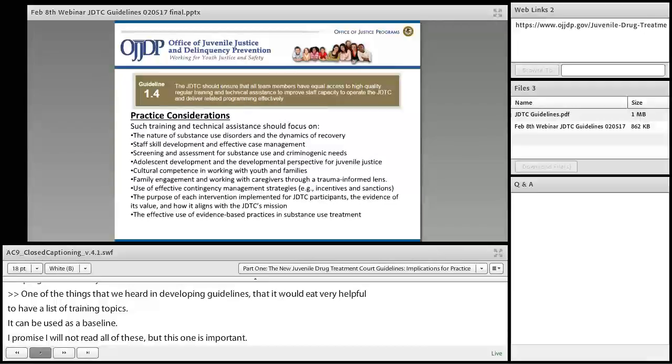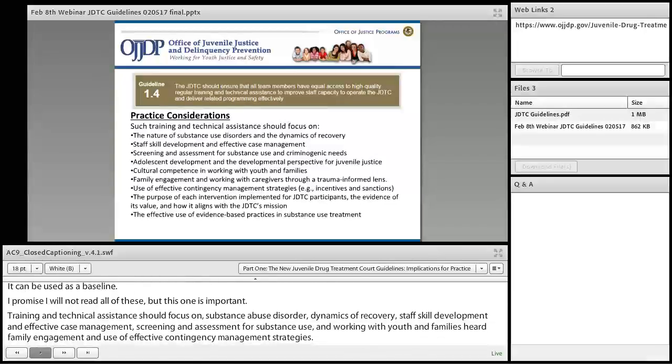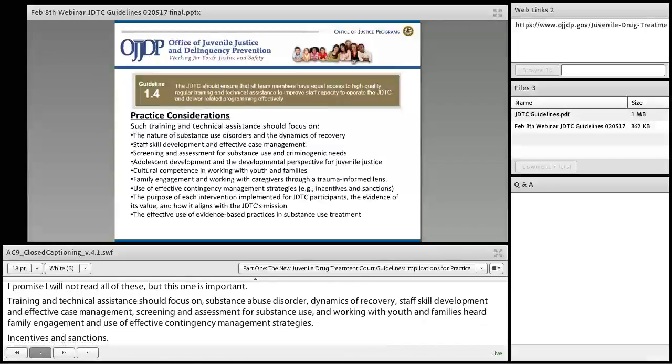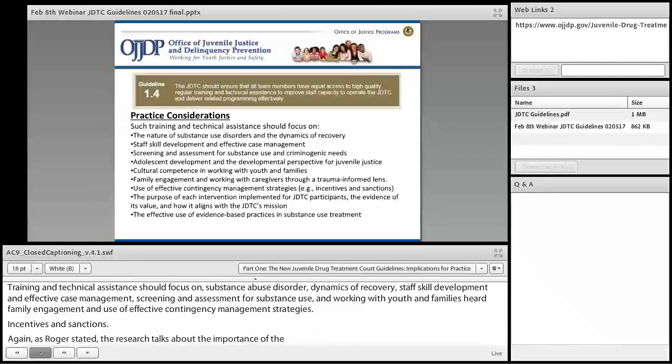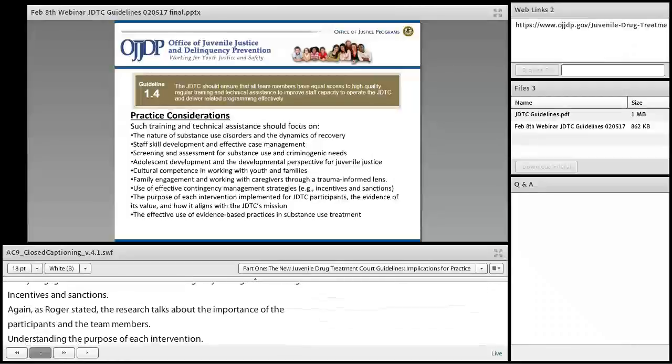Again, as Roger was saying, the research really talks about the importance of the participants and the team members understanding the purpose of each intervention and its value and how it aligns with the JDTC's mission.